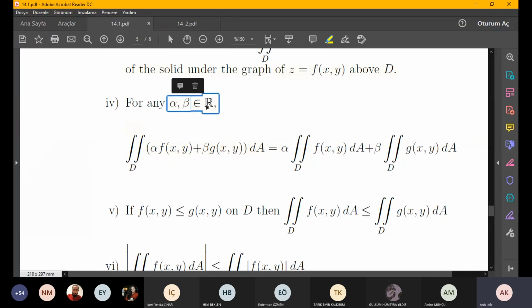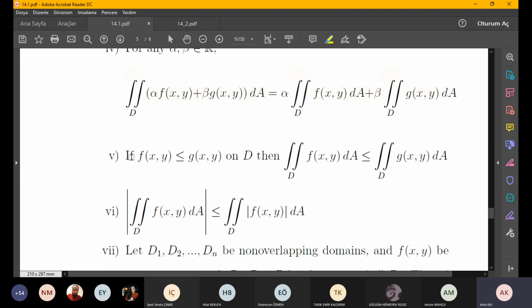So if alpha and beta are arbitrary constants, then the double integral of alpha times f(x,y) plus beta times g(x,y) over D is equal to alpha times the double integral of f(x,y) plus beta times the double integral of g(x,y). Which means we can write the constants before the integration, and also we can split that double integration over the addition.